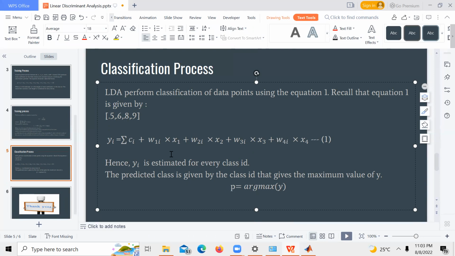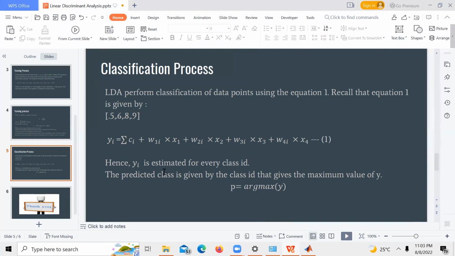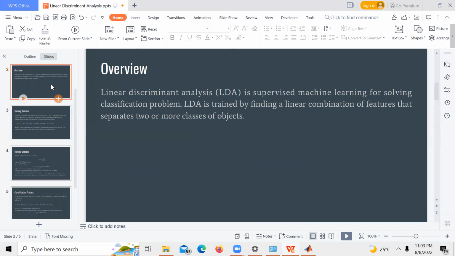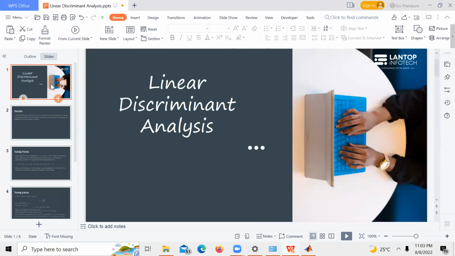This is for a particular class. So we do that for the 3 classes we have in our data set. The class that gives the maximum value is the predicted class. So the predicted class is given by the class ID that gives the maximum value of y. So that's the training process and the classification process of LDA, linear discriminant analysis.